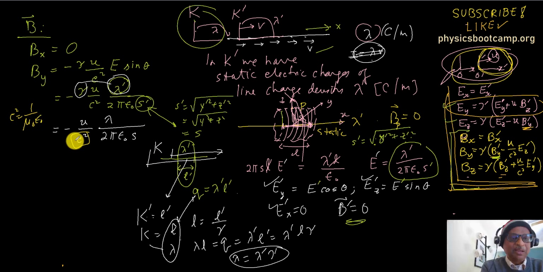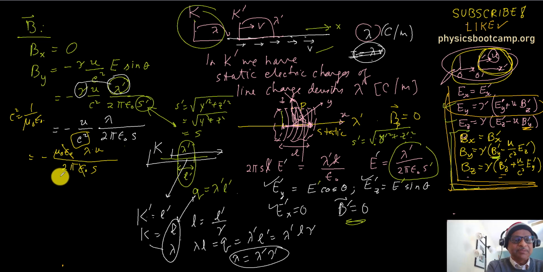It's going to come out there and epsilon will cancel it, right? So it's going to be minus mu naught epsilon naught lambda u over 2 pi epsilon naught s. So that cancels and you get a minus mu naught lambda u over 2 pi s.